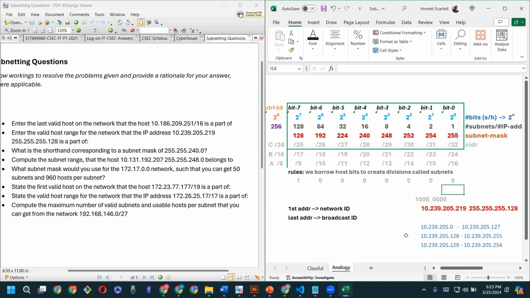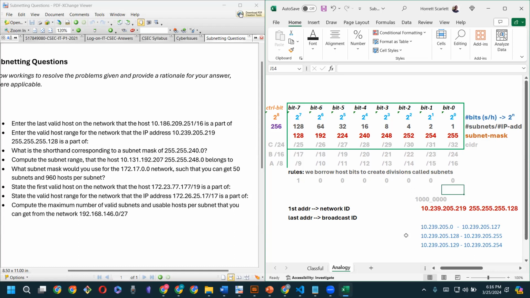Good. Now we just spoke about the fact that each octet has how many patterns? 256. So if we are looking at the total number of patterns that we're dealing with, talking about subnetting, inclusive of those host bits, how many patterns are we looking at in total?